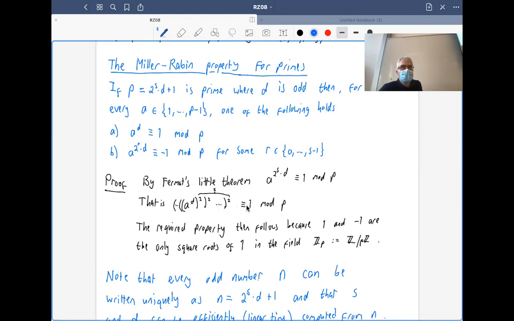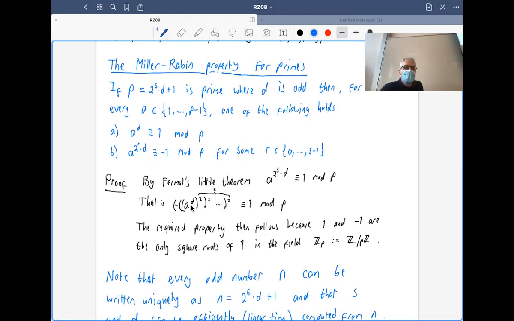But because integers modulo p are a field, the only square roots of 1 are 1 and minus 1 modulo p. So if we take one of these 2's off, we get either 1 or minus 1. And if we get 1, and we take another 2 off, we again get either 1 or minus 1, and so on. And while we stay at 1, eventually we'll get down to a minus 1.